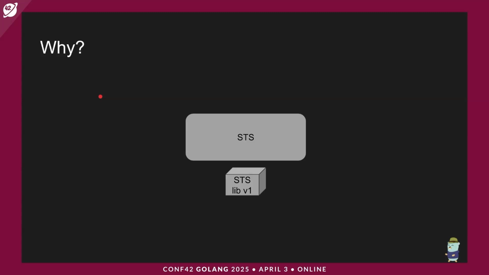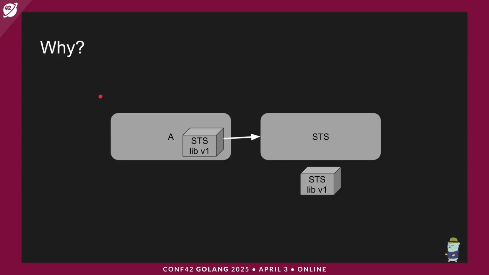So we have this STS service, we have this library, and we have service A. This is just some business service which executes some business logic and needs to use this service to service token. So we use this library, and what I forgot to mention, the library has a version, version 1. This is important for the future.